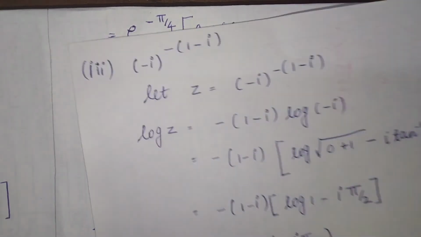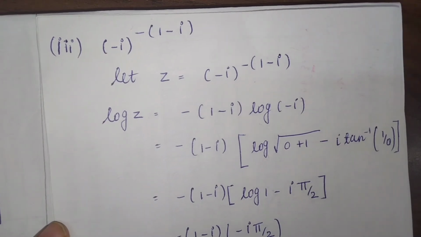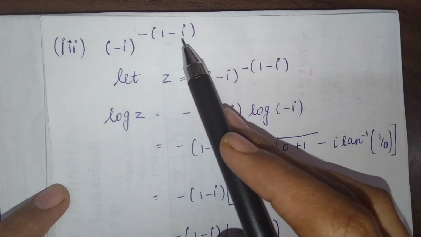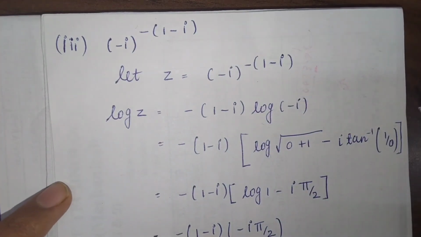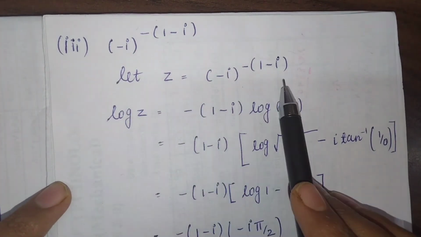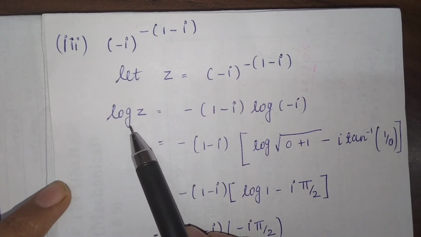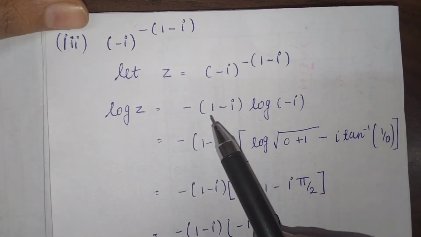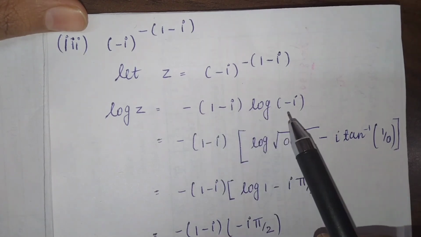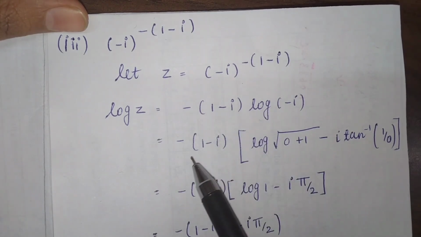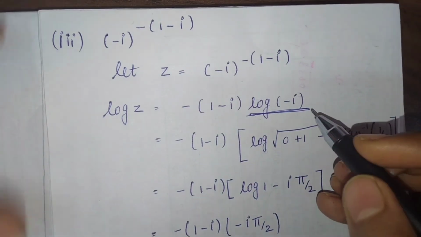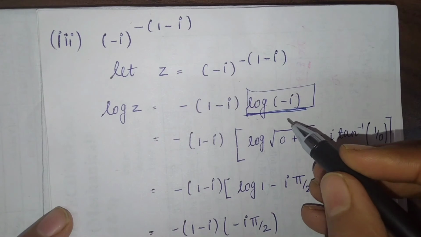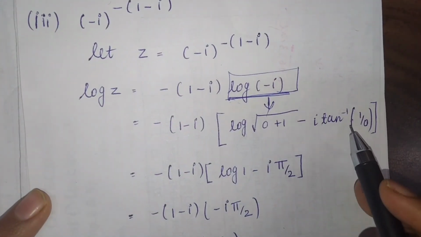solving the third question, that is (minus i) whole raised to (minus 1 minus i) is given. Similarly, here also we have this z, so we can find log z by taking its principal logarithm. We will get (minus 1 minus i) into log of (minus i). So again, this term is also a logarithm term, so we can apply the logarithm of a complex number formula here.